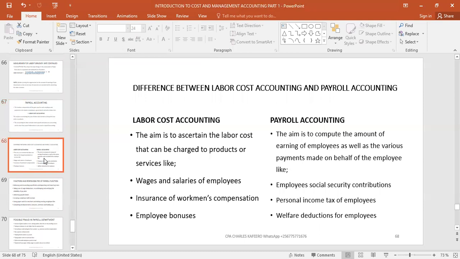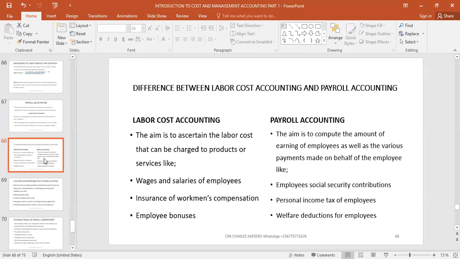I've given some differences here, but these differences are just in terms of what is included, and what is removed from someone's basic salary.